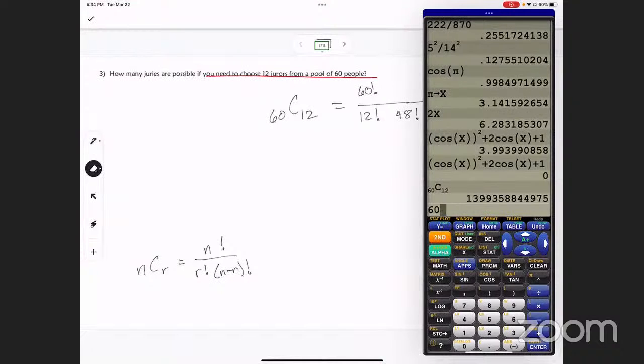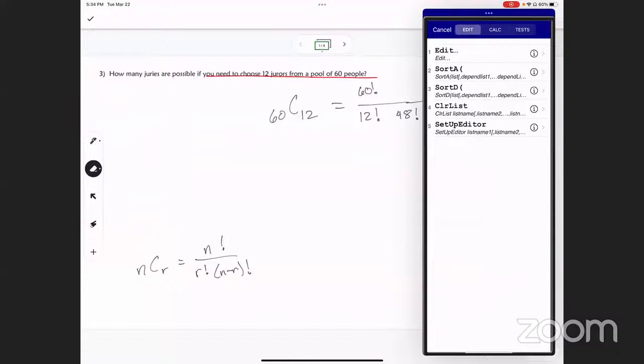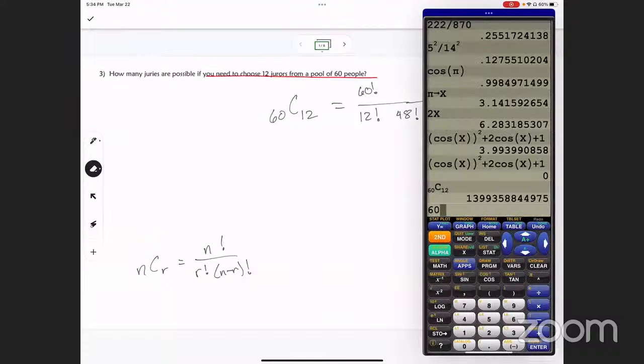So 60. It's kind of a pain to do this, to be honest with you, because you have to go back to the factorial every time unless there's a shortcut for it. I don't see a shortcut for it on here. Math probability factorial.